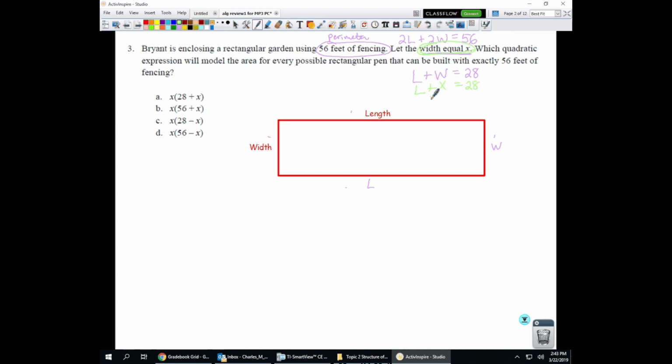If I solve this for L, that tells me that the length would have to be 28 minus X. Okay, so I have width of X, length 28 minus X. So in order to write an expression for all of the possible areas of this rectangle, area of a rectangle is length times width, or in this case, X times 28 minus X. So that's choice C.